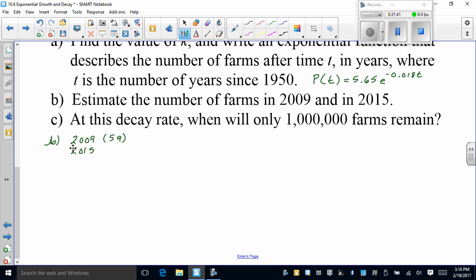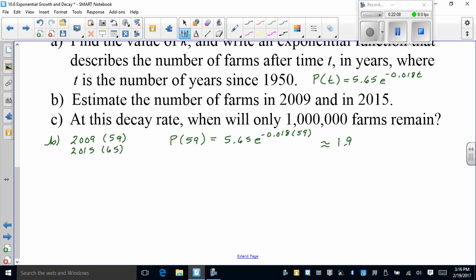So on part B, P of 59 equals 5.65 e to the negative 0.018 times 59 power, which is going to give us approximately 1.95 million farms.